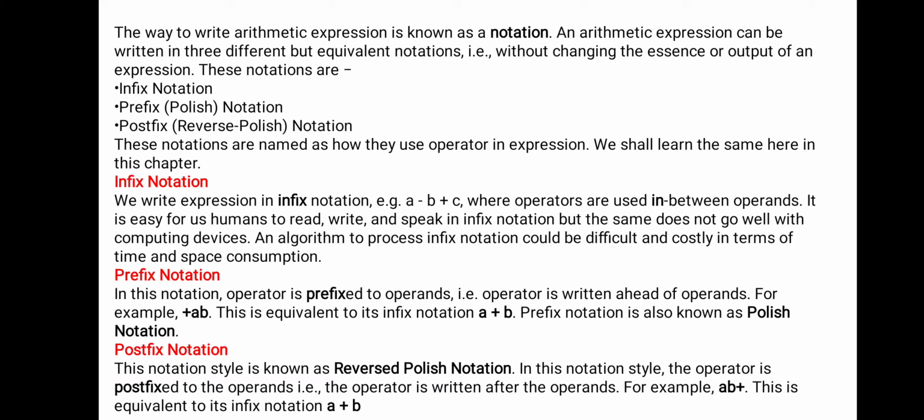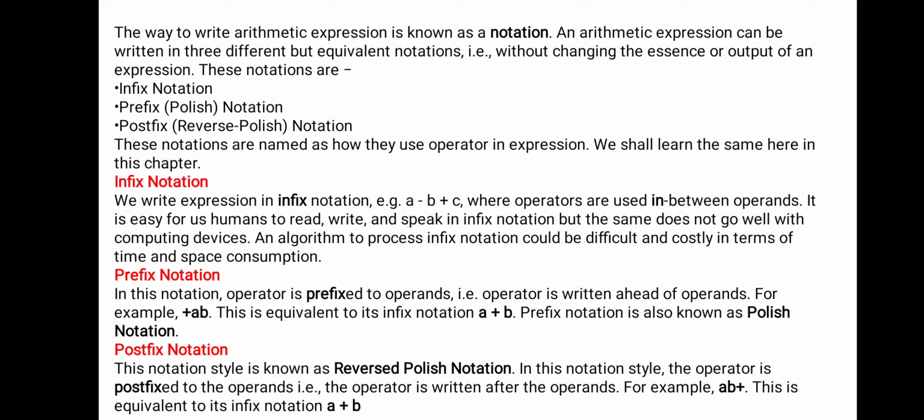Example, a plus b into c by d. Here the operators are plus, minus, the multiplication symbol and the division symbol. a, b, c, d are operands. That is an expression.